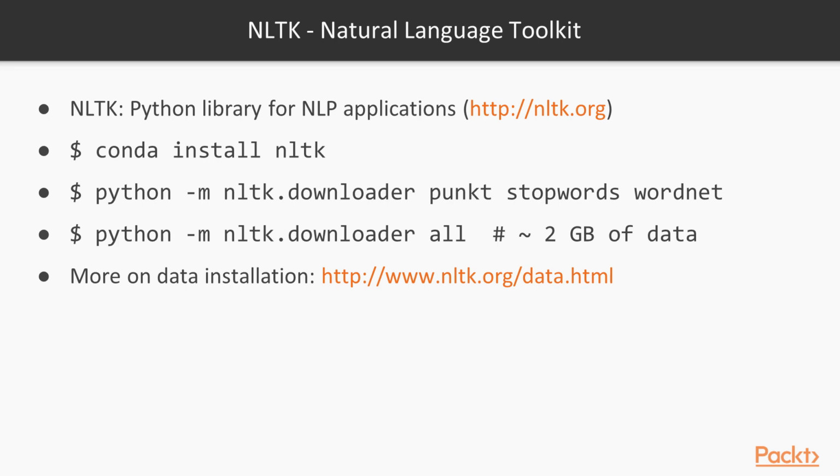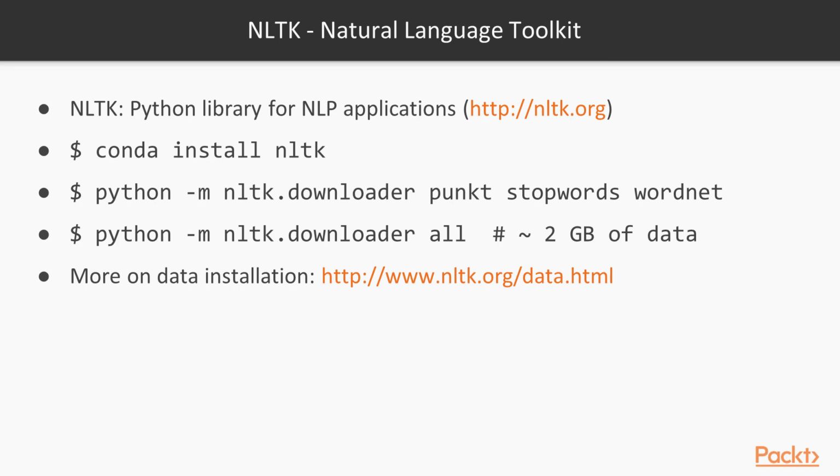NLTK also comes with a bunch of additional resources, in particular data of pre-trained models to perform some particular operations. There are a few options to install the additional data, and if you check out the webpage nltk.org/data.html, you can read more about this process. One of the ways to install the data is to call the NLTK downloader from the command line using the command python -m nltk.downloader, followed by the names of the packages that you want to install.